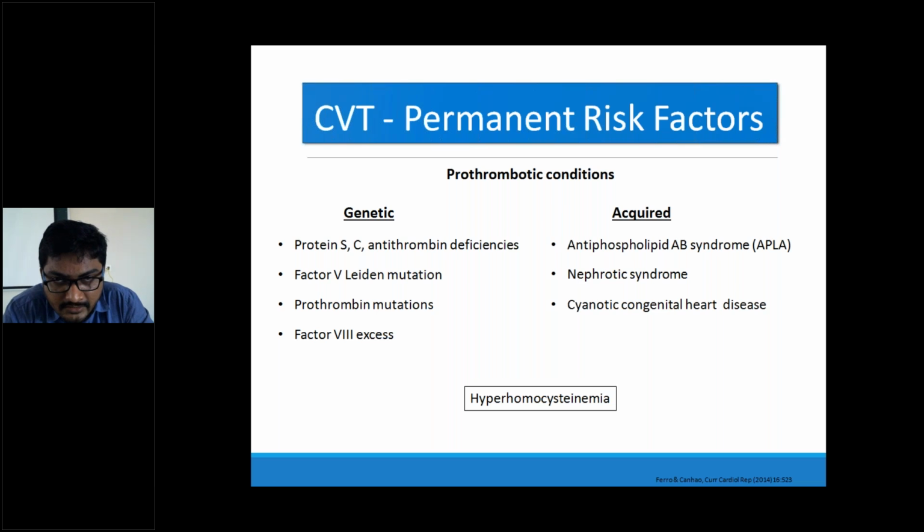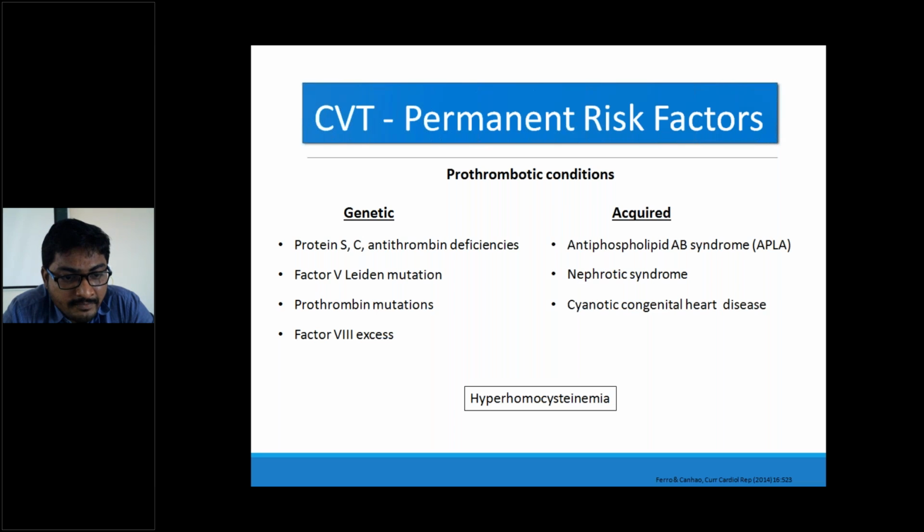What mutation number causes this CVT or stroke? Remember: G20210, 20210. Okay, the 20210 number. G20210, and that is the risk factor for CVT.